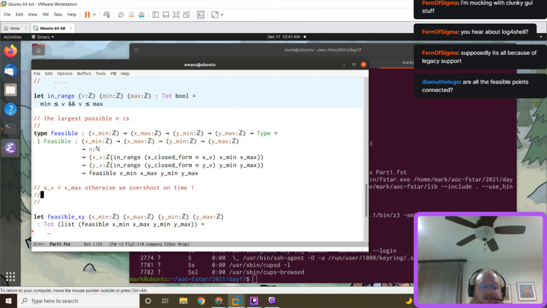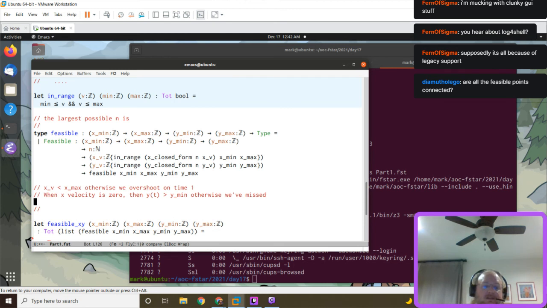All right. What we can say is when x velocity is 0, then y of t has got to be greater than y min, otherwise we've missed.